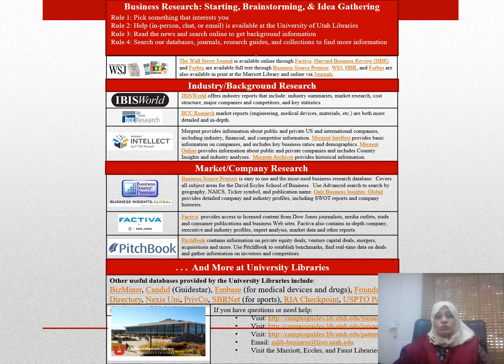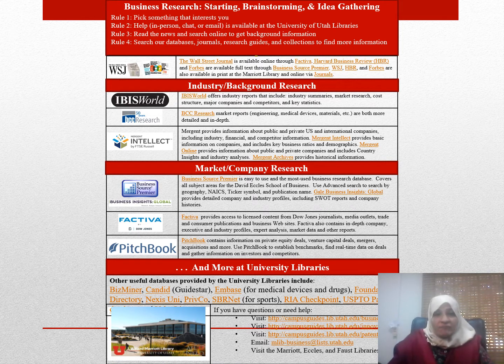If you are interested in looking up background information relevant to the industry, you have 3 databases depicted there. You can see IBISWorld is there. You can see Intellect is there. You can see different databases available. Even the links are also available here in this poster, so you can directly access those links.